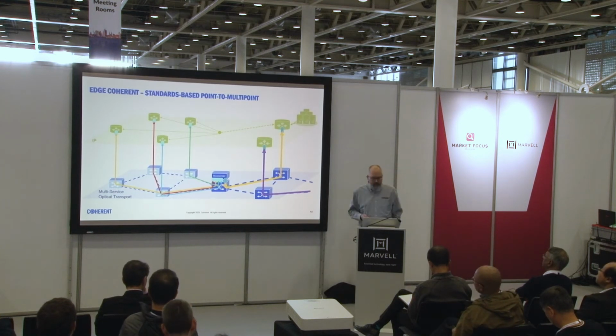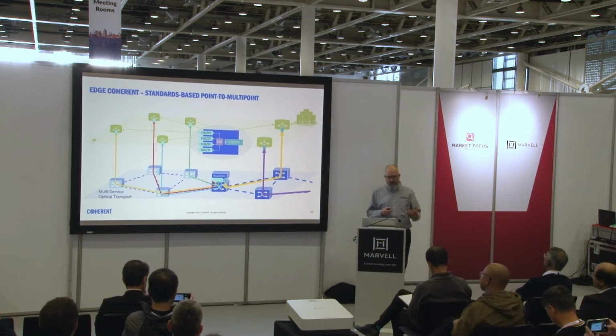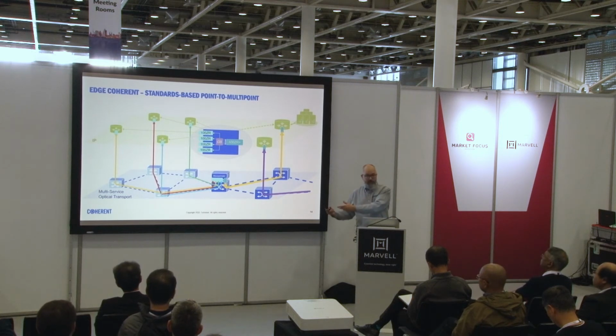And then another application is just aggregating traffic in a point to multi-point fashion. It's something you can elegantly solve with 100 gig coherent optics, combined with the 400 ZR Plus optics that we talked about in the past.